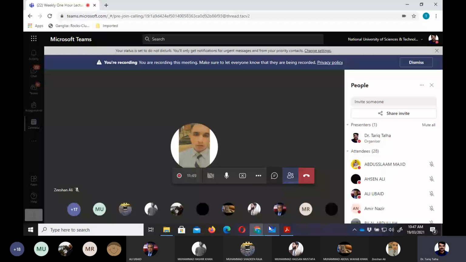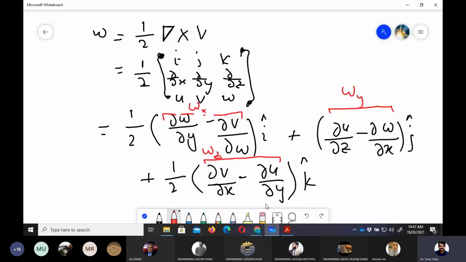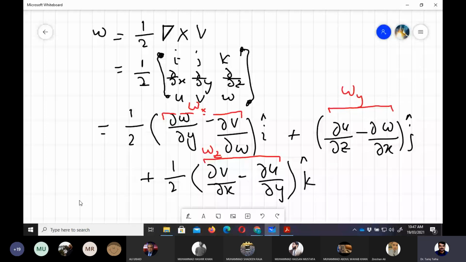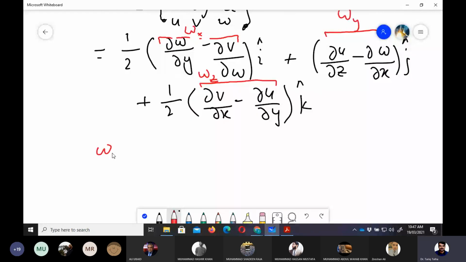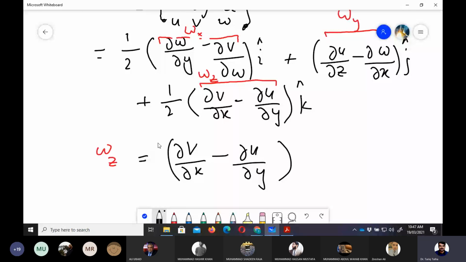So now if we write the formula for wz here, wz is equal to partial v by partial x minus partial u by partial y. So if we want to have zero rotation, wz would be equal to 0, and in that case, partial v by partial x is equal to partial u by partial y.